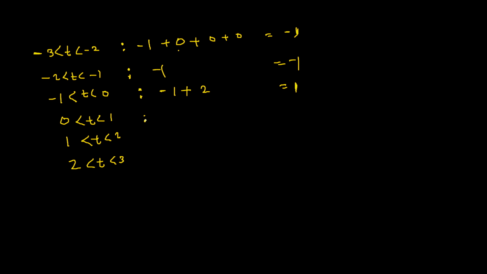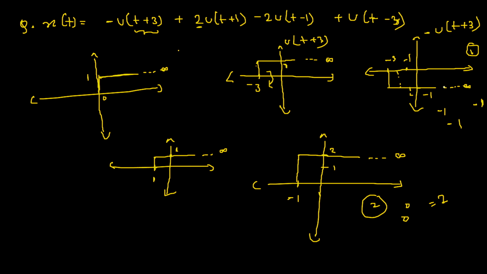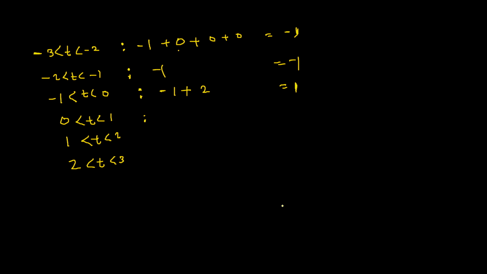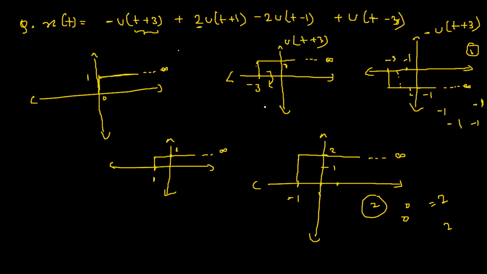Now from 0 to 1, this is again minus 1. This is again 2 in the range 0 to 1. This graph is again 0, and so is this graph. So we have the same thing again, minus 1 plus 2 is equal to 1. So next, the next domain is 1 to 2.